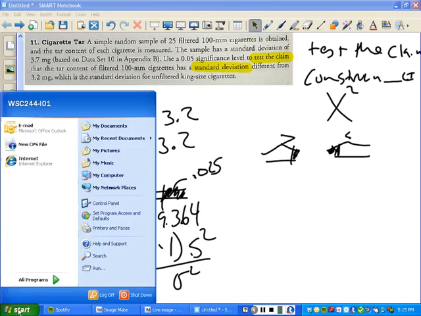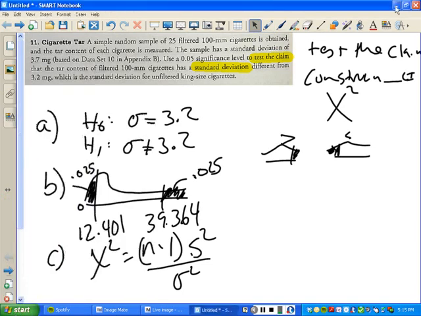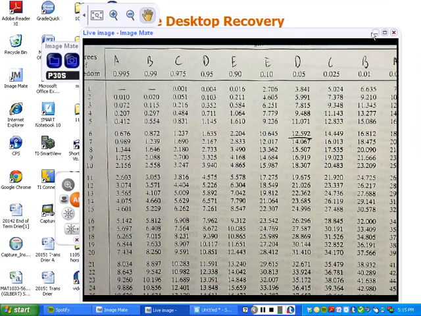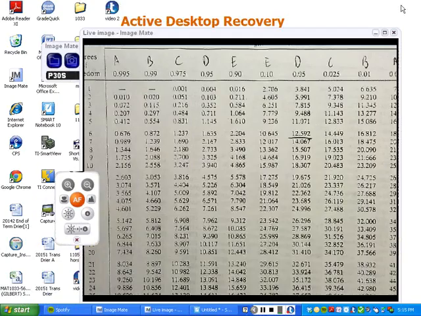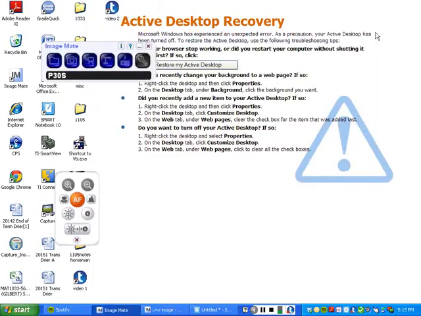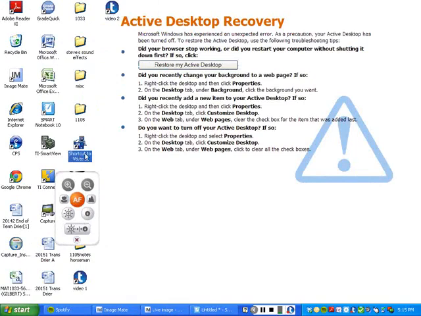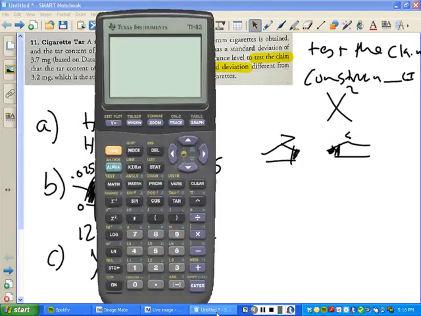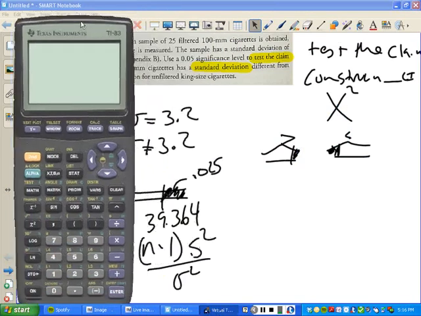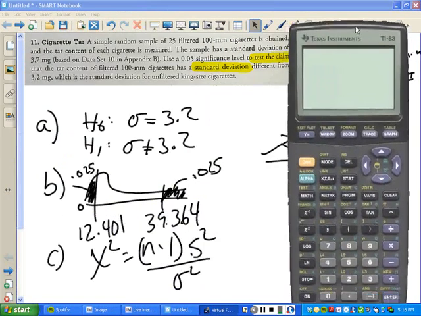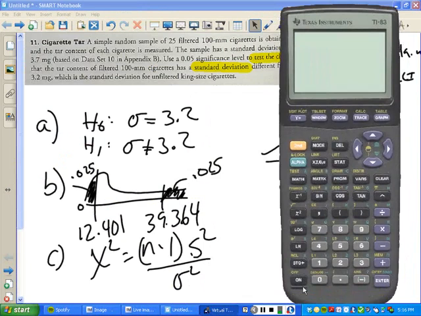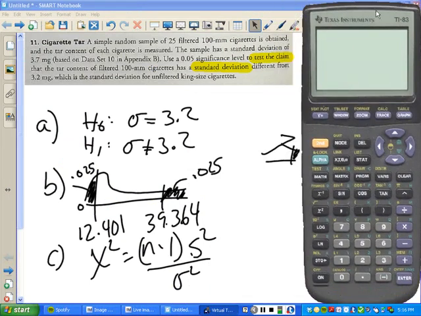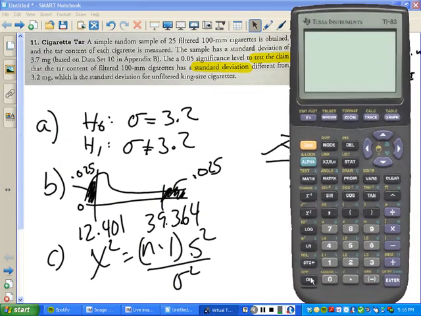All right. We need my calculator. So we got to do n minus 1. Now, again, I would encourage you, as you're doing this at home, and you're doing it on the test, I would so encourage you to live on the edge and just type in 24.